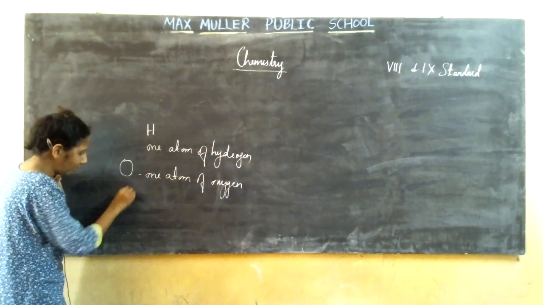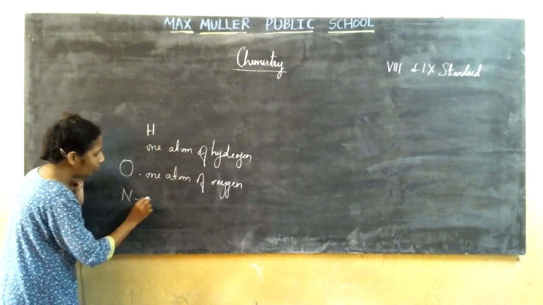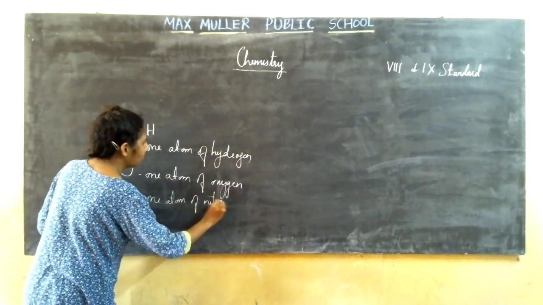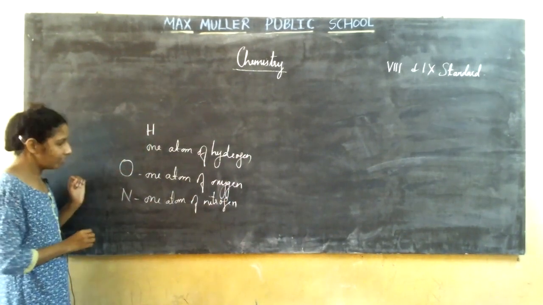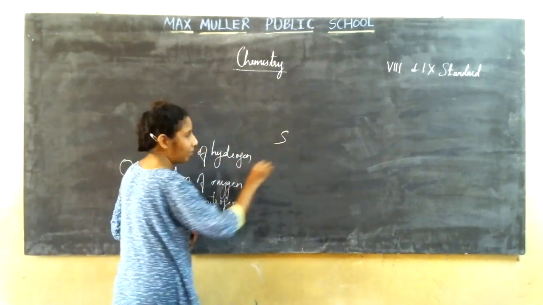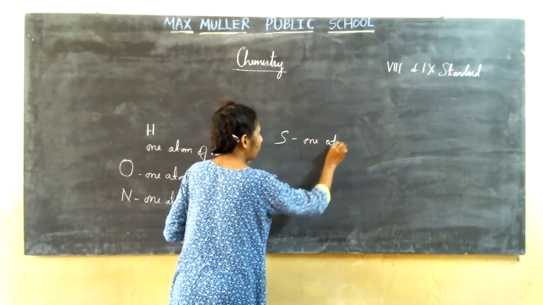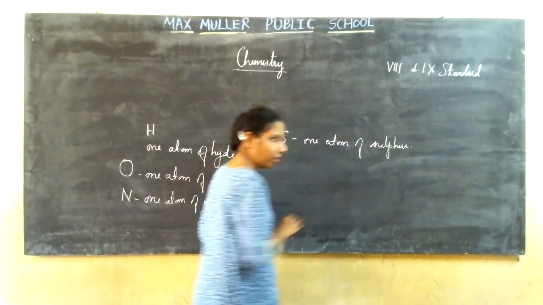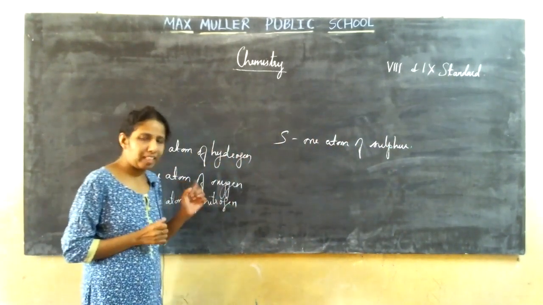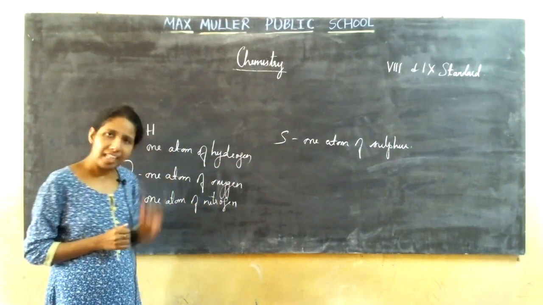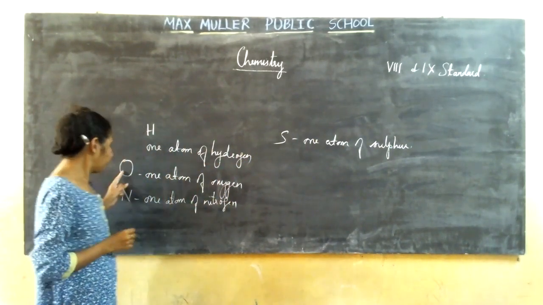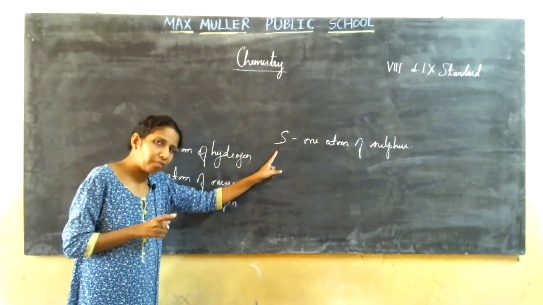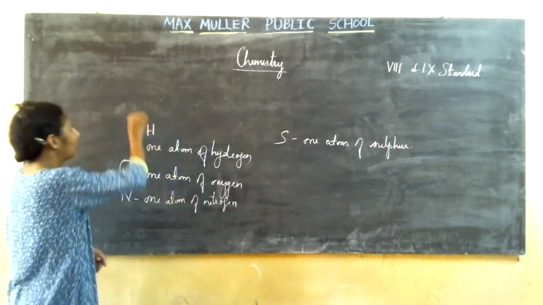If I write N, one atom of nitrogen, isn't it? If I write S, it represents one atom of sulfur. So always the symbol of the element represents one atom of that element. I hope you understood. All right.